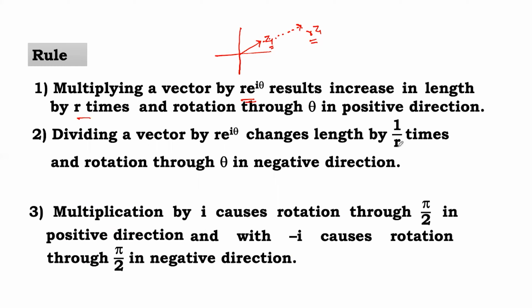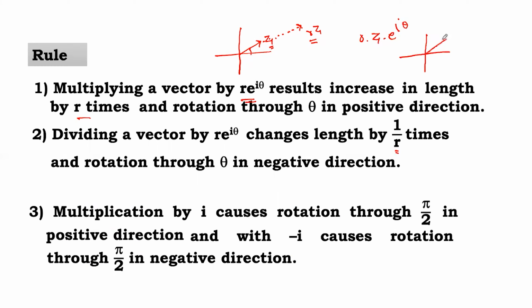If I'm dividing this by r, with the same angle, then this will go there. But if I'm applying both things, multiplying Z1 with e to the power I theta as well as r, then we have to do both things. First, the rotation.